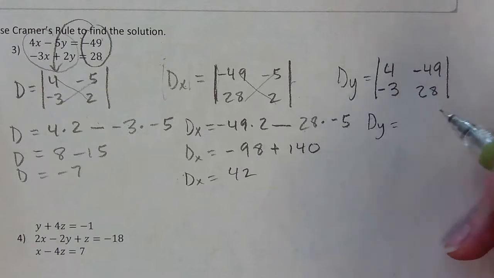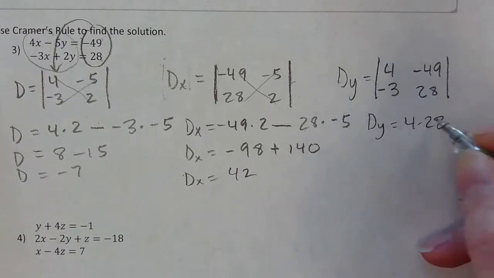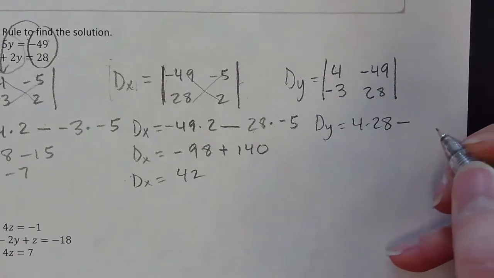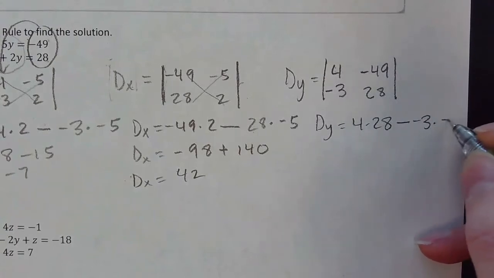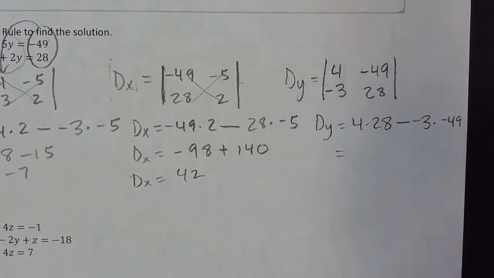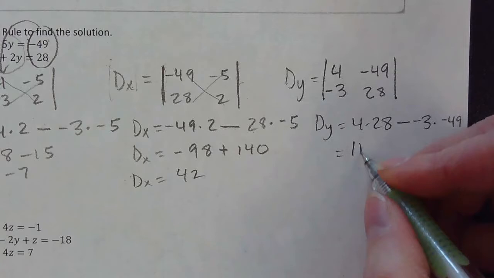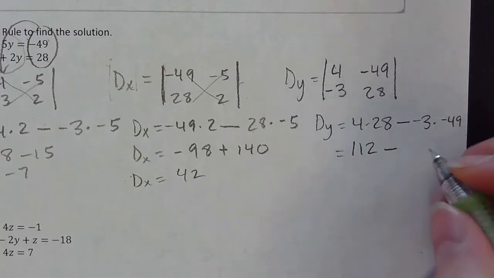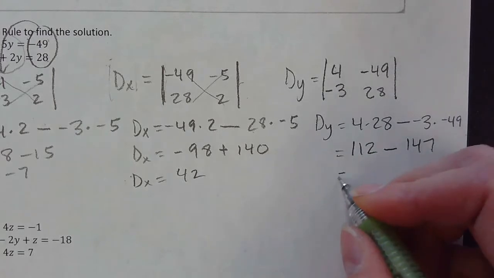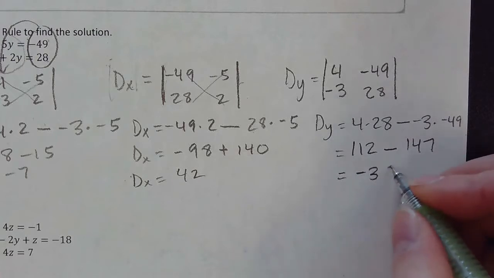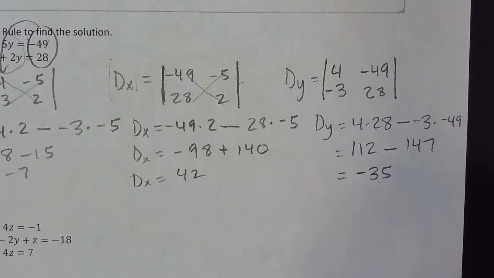So to get my Y determinant, I'm going to have 4 times 28 minus the negative 3 times the negative 49. So let's see, 4 times 28 is 112 minus 147, which is a negative 35. I can also divide that by negative 7, which is a really good sign here.